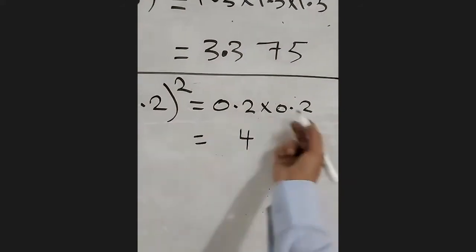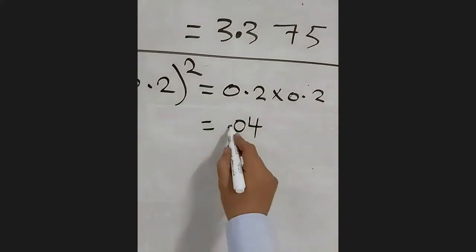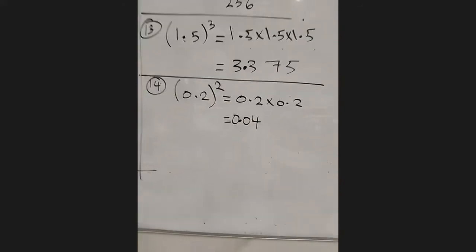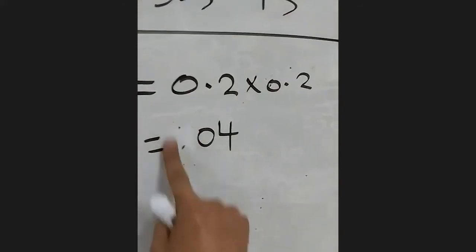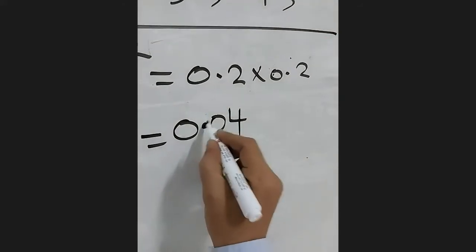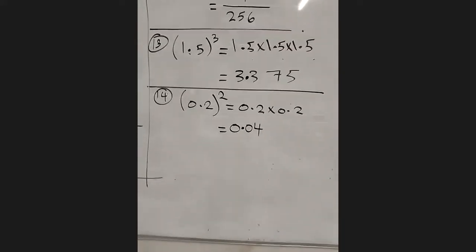So we add 0, then point, then 0. Excellent. So the answer is 0.04. Right? Yes. 0.04. Thank you, Mr. Marwan.